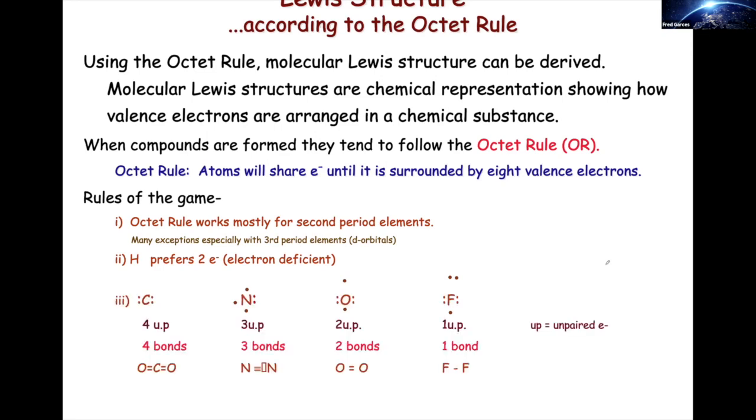It obeys what we call the duet rule, duet meaning 2. Carbon, 4 unpaired electrons, 4 bonds. Nitrogen, 3 unpaired electrons, generally 3 bonds. Oxygen, 2 unpaired electrons, generally 2 bonds. I always say generally because there are exceptions. Fluorine and the halogens, 1 unpaired electron, generally 1 bond.